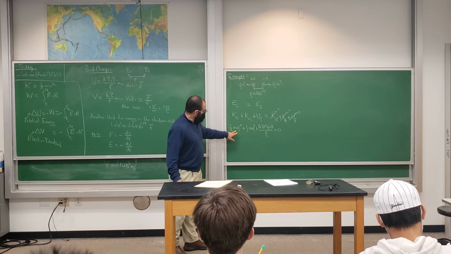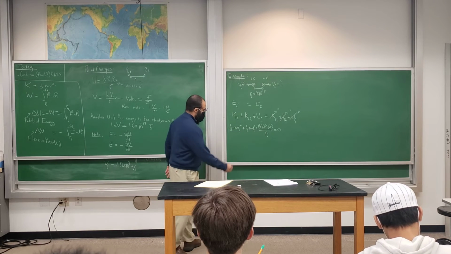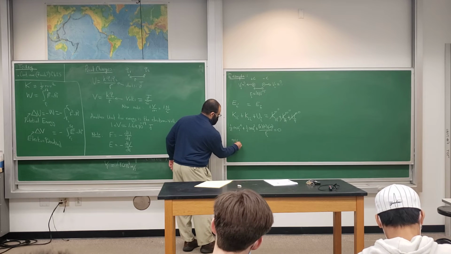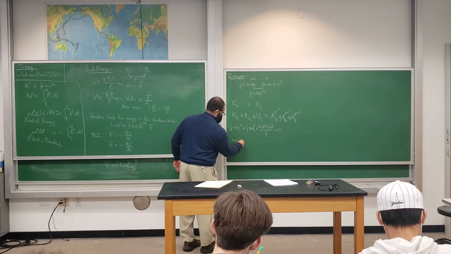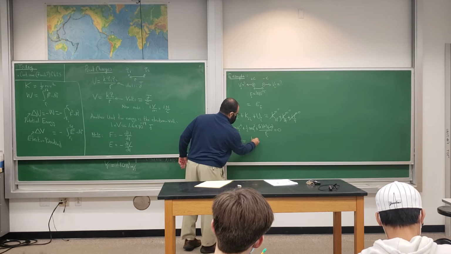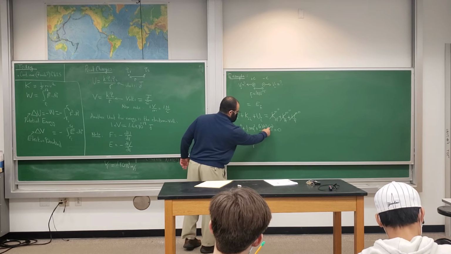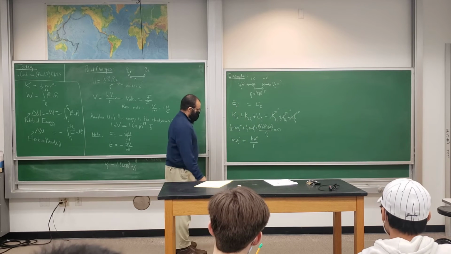So 1/2 m v squared plus 1/2 m v squared is just m v squared, so you get m v initial to the power 2. And then here, when you move it to the other side, everything becomes a plus, so k, and then e squared over r, right? e times e is e squared, and the minus sign goes away. And then r initial.